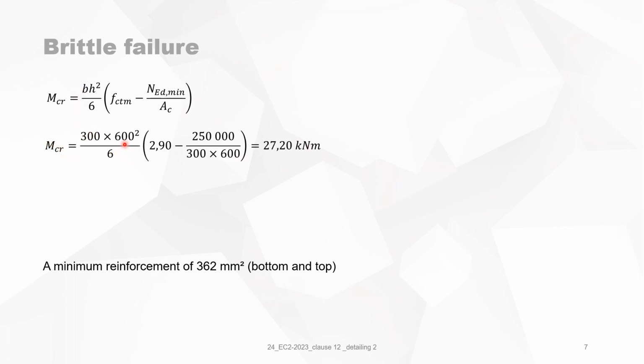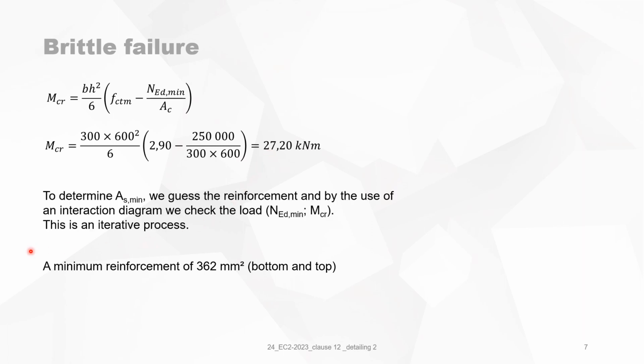It's 300 times 600 squared divided by 6. FCTM is 2.9 megapascal, and NED in our example was 250 kilonewton, and AC is 300 times 600. The units here are not mentioned, and if they are not mentioned, I always use megapascal and millimeters as basic units. And then the bending moment is 27.2 kilonewton meter.